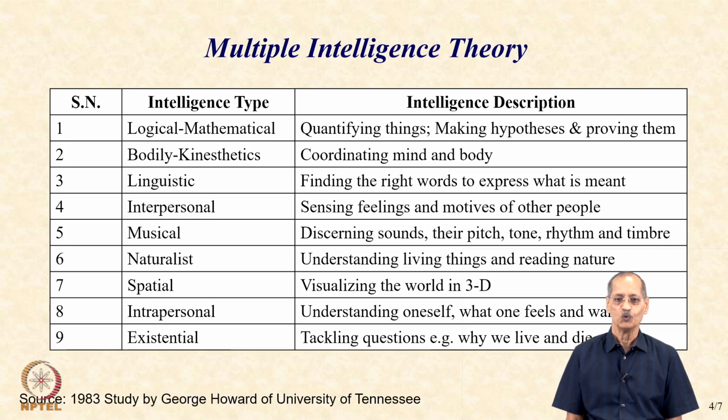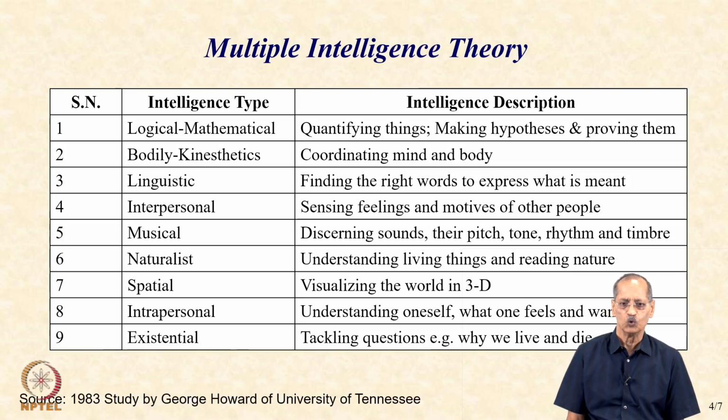Some people are very good with words, they are able to write well, they are able to express their ideas much better than others. They all have what is called linguistic intelligence. Some people learn languages very quickly, some people find it difficult.